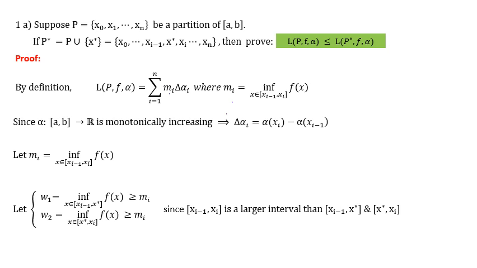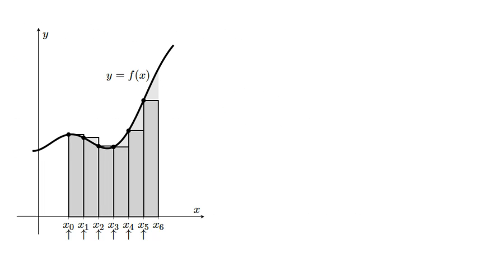Let's look at this information visually. So here we have a monotonically increasing function, f of x, which is partitioned into smaller elements, x sub 0 through x sub 6, as you can see. Now, if we take each of those partitions and look for the infimum, here we have m sub 1, here we have m sub 2, m sub 3, and so on. And the sum of all those infimums is the lower sum we are presenting in this proof.